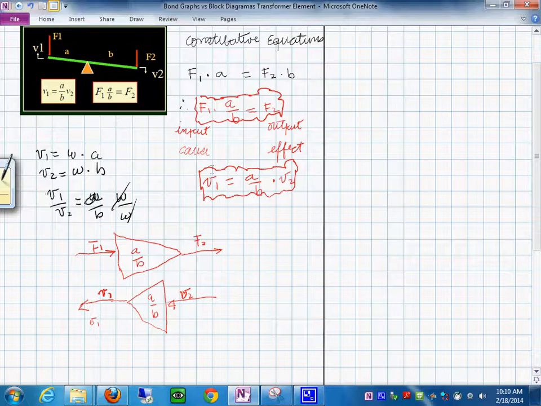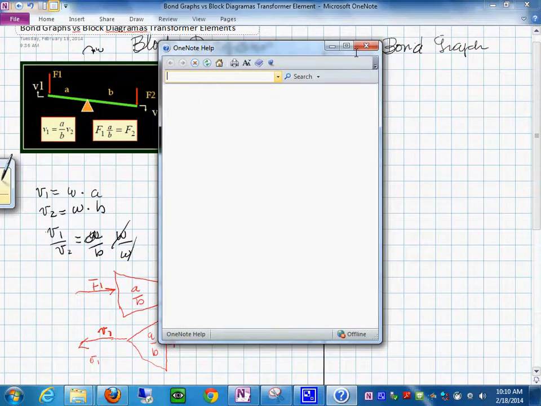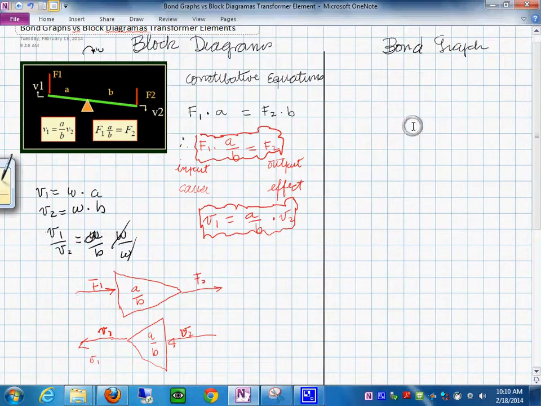Yeah? If we look at the bond graph model for this element, you're going to see that we write TF, and on each one of these sides, we have either the effort or the flow.